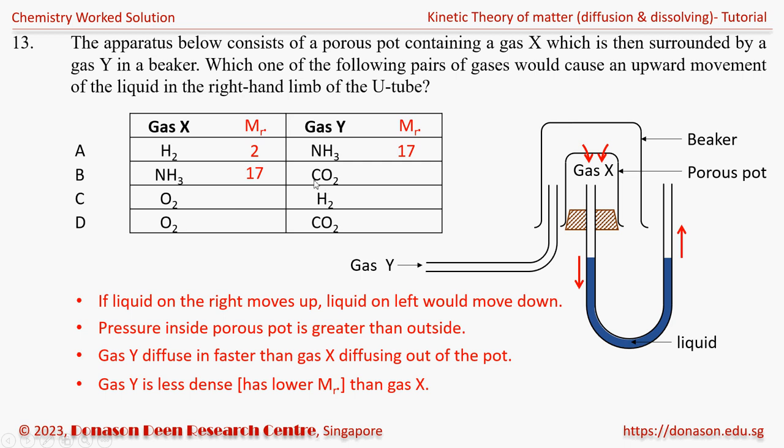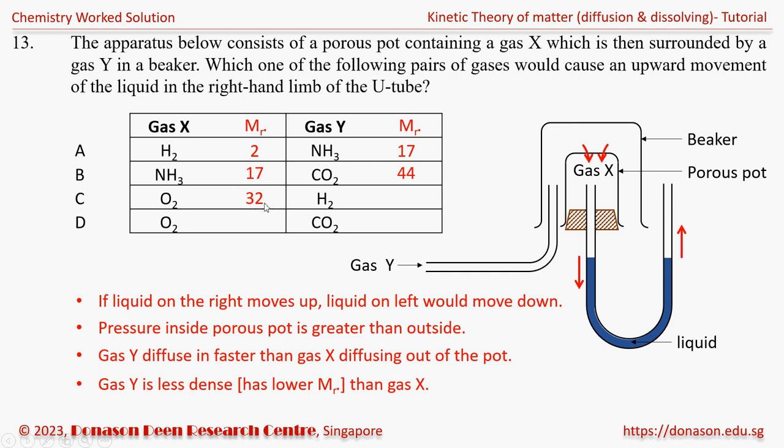And for carbon dioxide, 1 carbon and 2 oxygen atoms make up the carbon dioxide. If we use the periodic table and the relative atomic masses and work out the Mr value, it should work out to 44. So again, gas Y happens to be denser compared to gas X. If you look at option C, oxygen gas, it's diatomic oxygen.